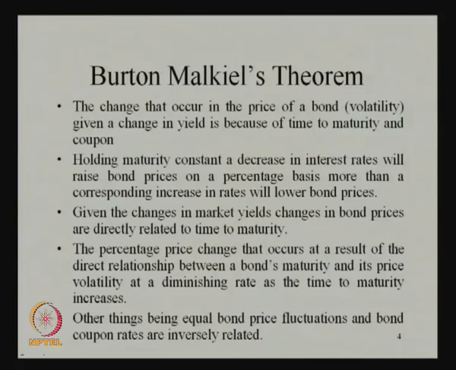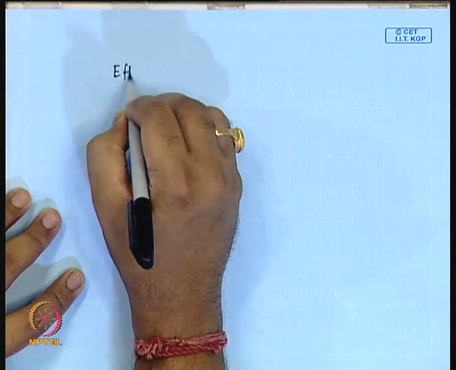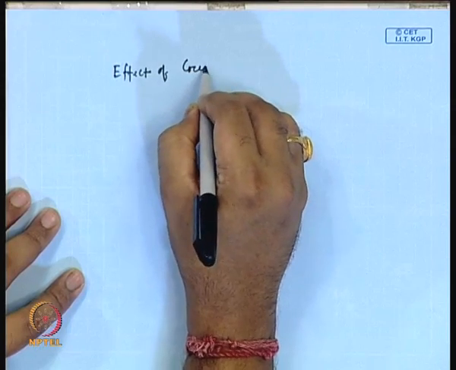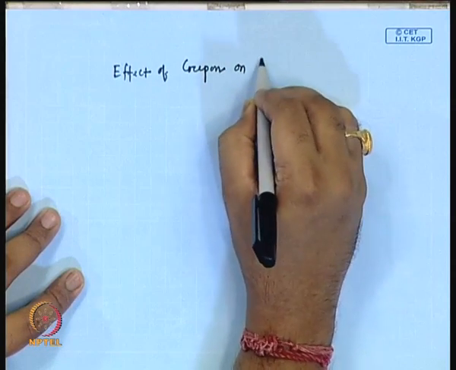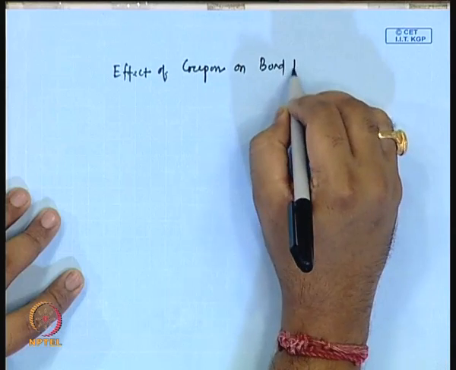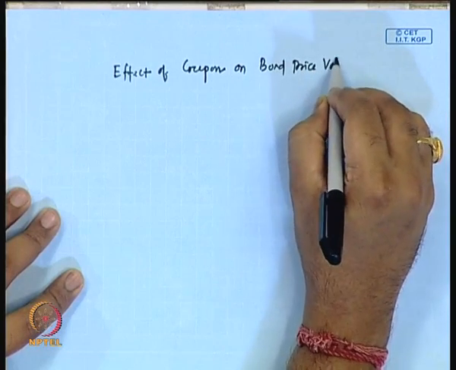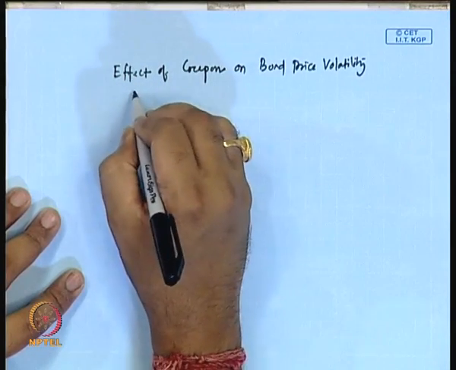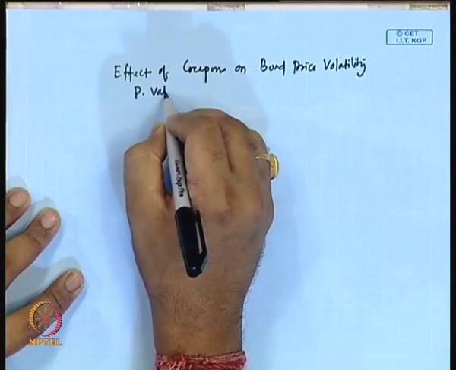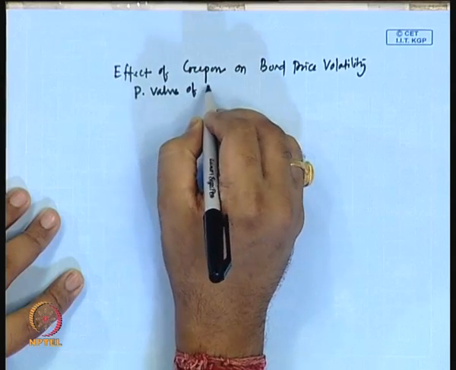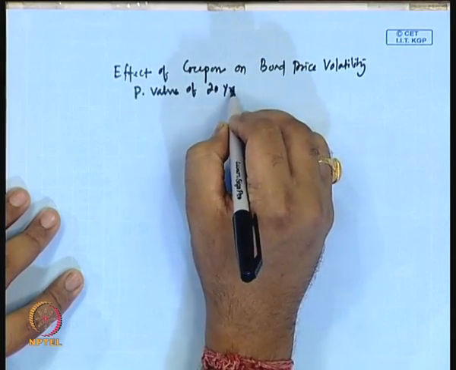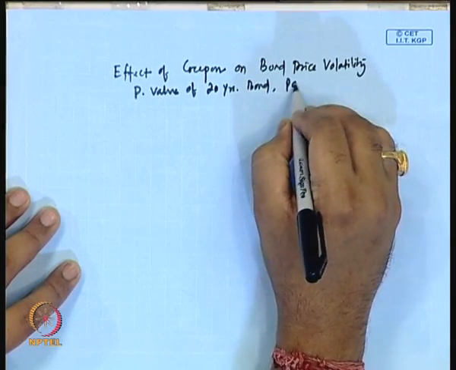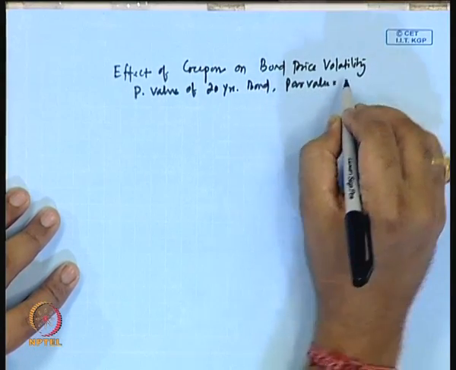Then we can observe the effect of change in coupon on bond price volatility. Here we have taken a 20 year bond where the par value is 1000 rupees.